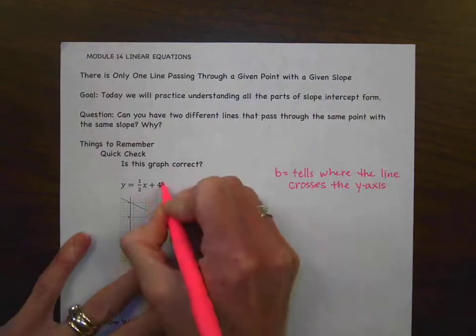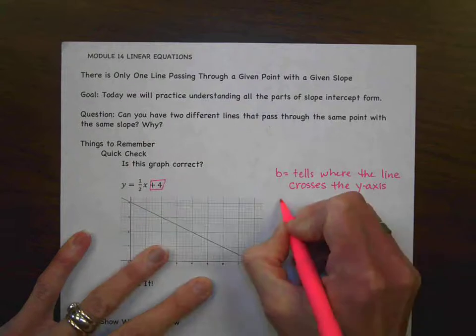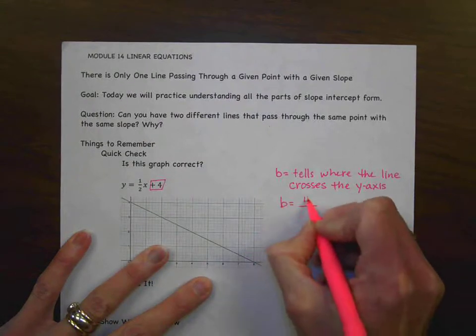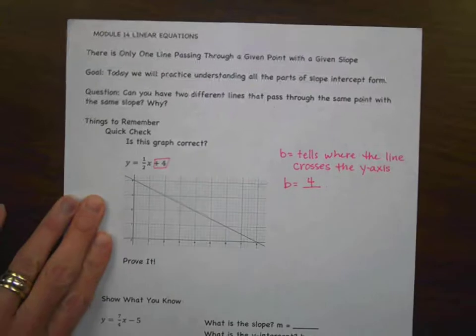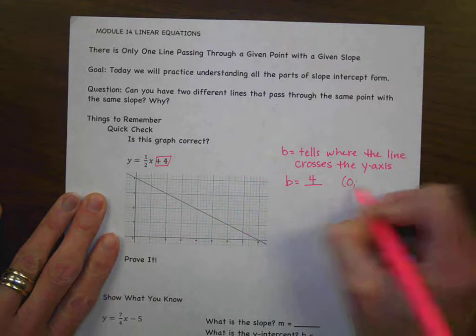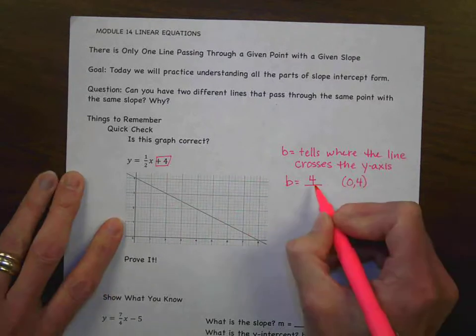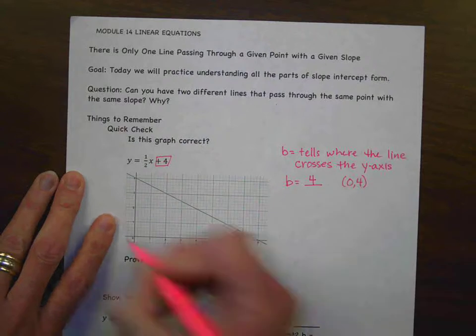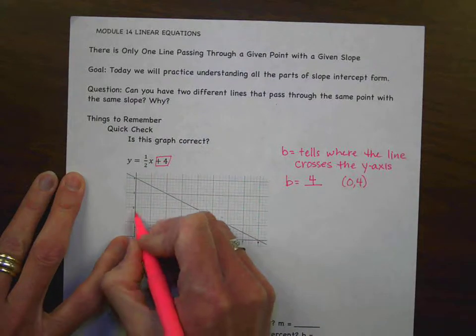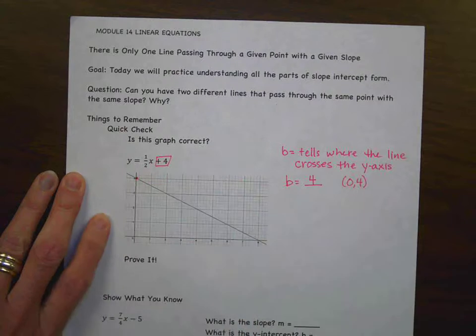And if you look at this one, this right here is the b. So that's telling us that you need to see if the line crosses where (0, 4) is. So this b means 0 for your x value, 4 for your y value, because that's what 4 on the y-axis would look like. So we look at our graph and we know here's 1, 2, 3, 4. So far, it looks like it's correct.